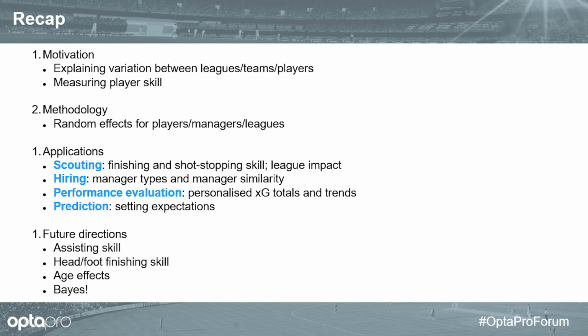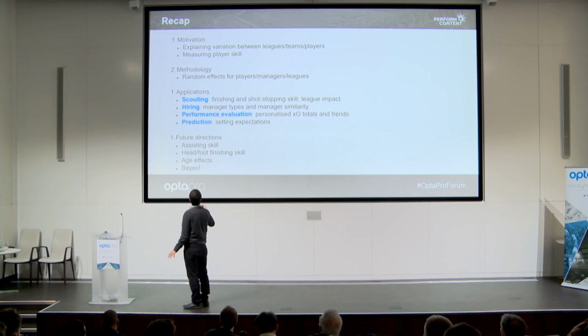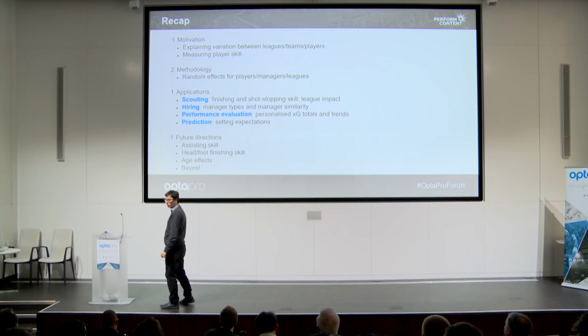But I also wanted to measure player skill because that's one of my core interests long term. The methodology, I will not harp on, the numbering is off. I will not talk about it too much, but the code word is random effects. You have to Google that to understand what is happening here.